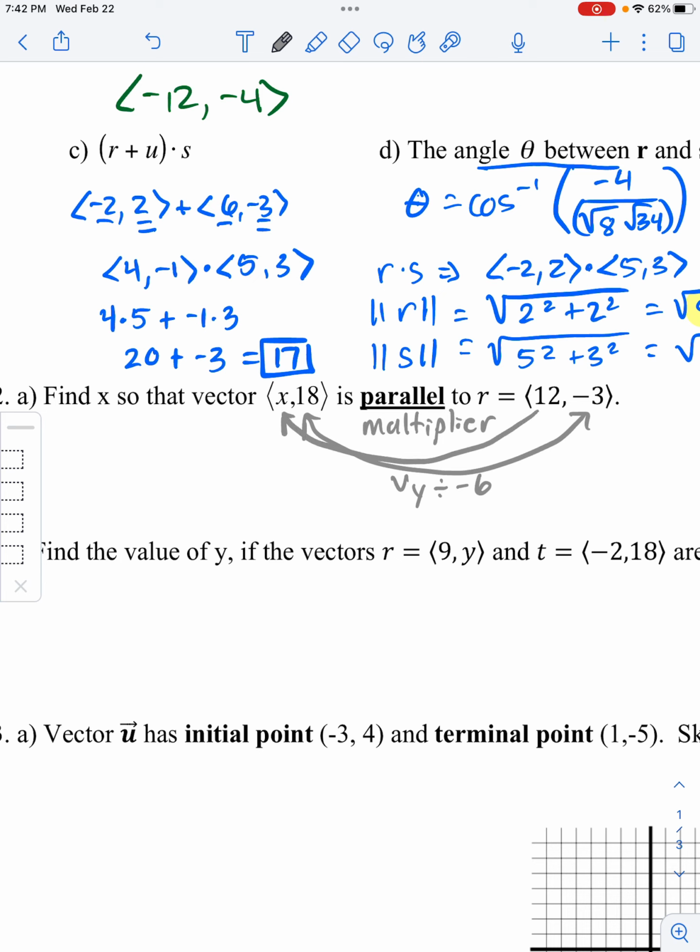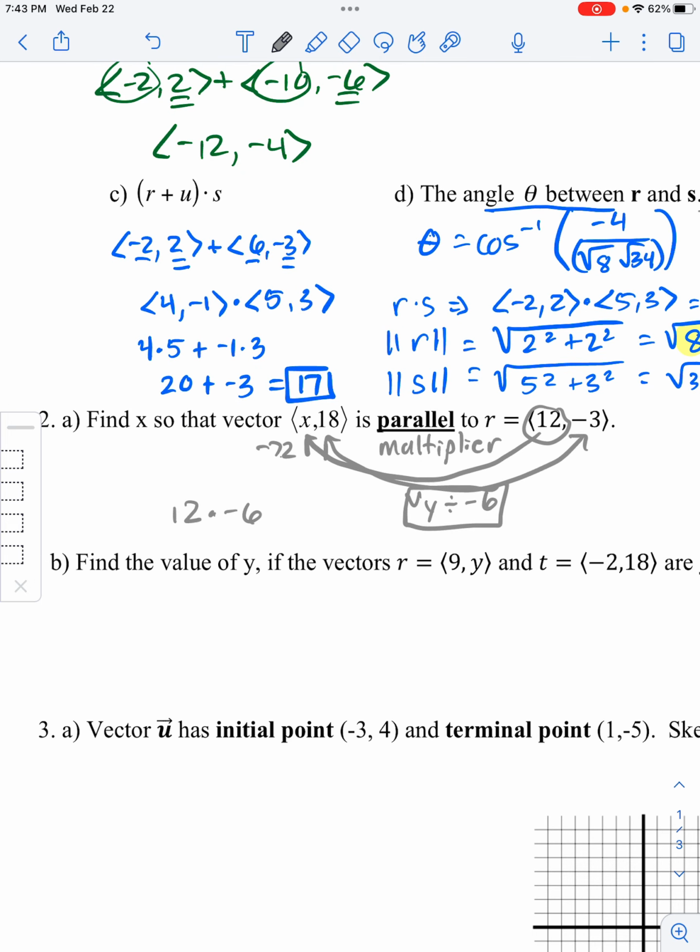So the easiest way to do that is to say, well, then I would need the 12 to get multiplied by -6, making that x a -72. And that works left to right, because if -72 were divided by -6, I'd end up at 12.